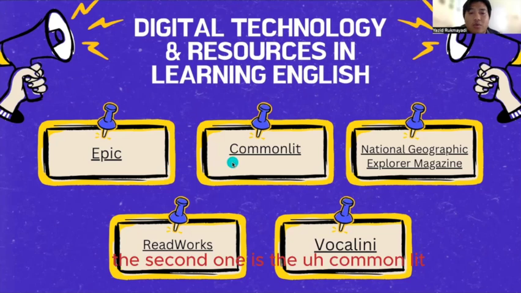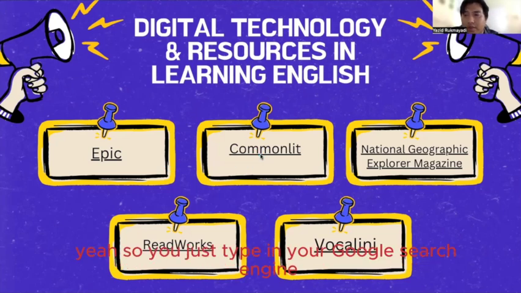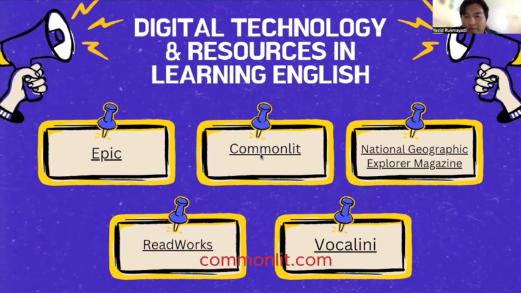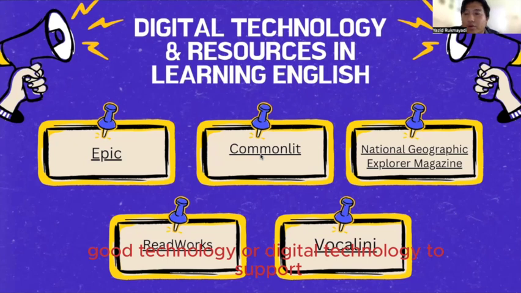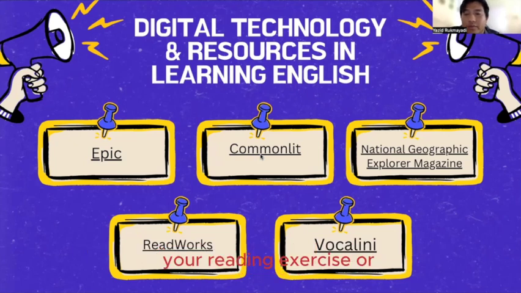The second one is Common Lit. You just type in your Google search engine commonlit.com. You will find a really good digital technology to support your reading exercise or reading practice.